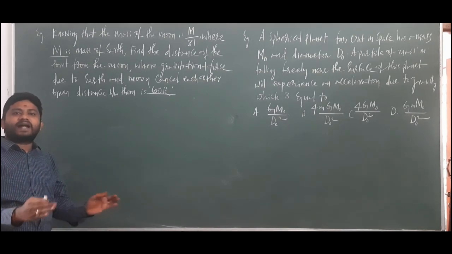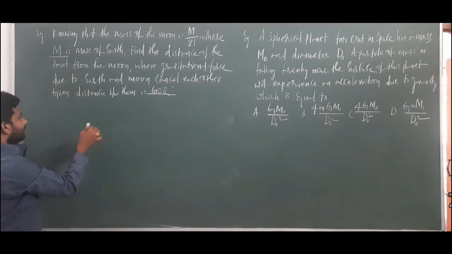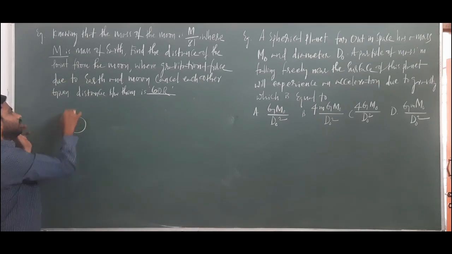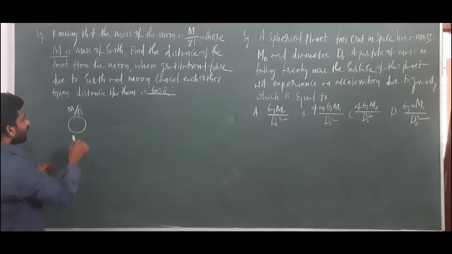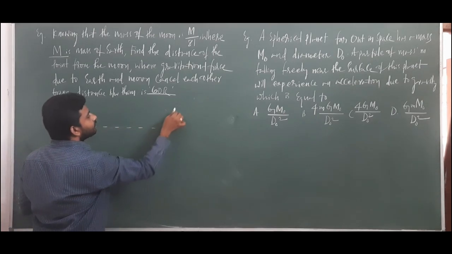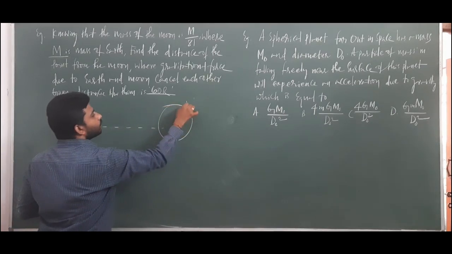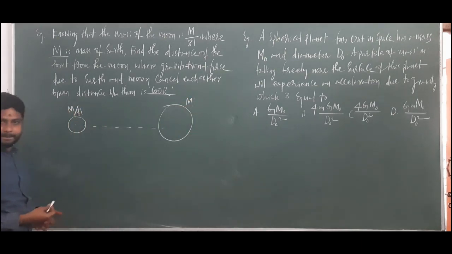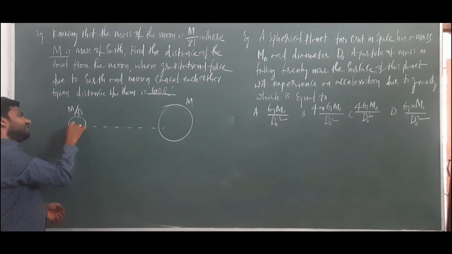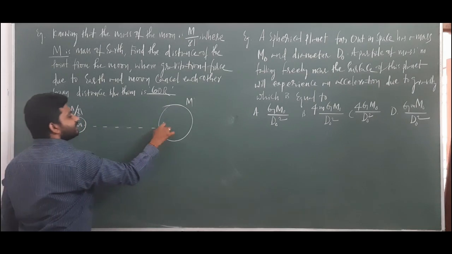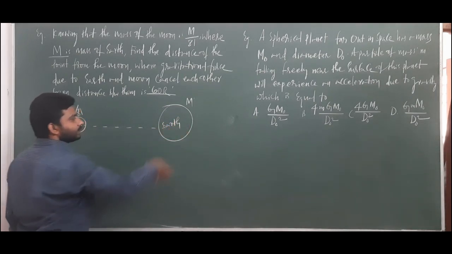One is moon and the one is earth. Imagine this is your moon whose mass is capital M by 81, and at some distance, so there is earth whose mass is capital M. Okay, so this is a moon and this is the earth.